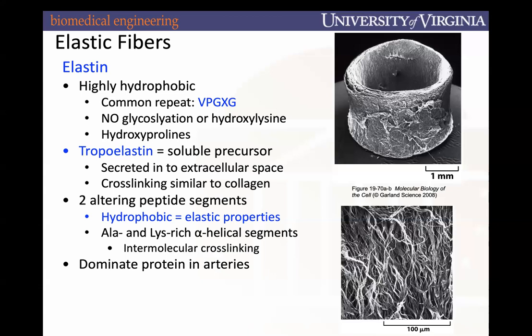Two key qualities of these elastin fibers: they're incredibly hydrophobic, which is key for tissues to recoil back to their original shape, and there are also alanine and lysine rich alpha helical segments that are key for the cross-linking that can occur here.